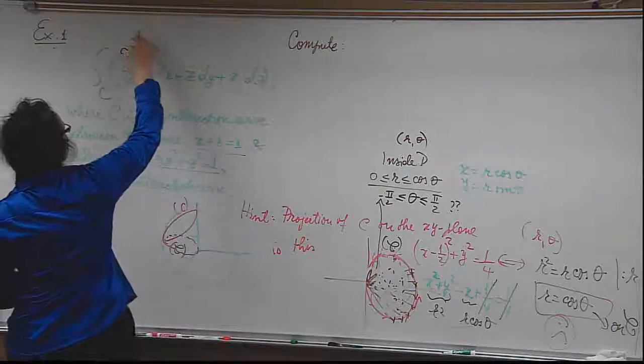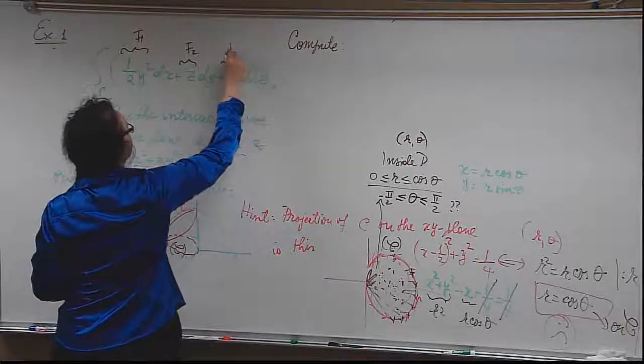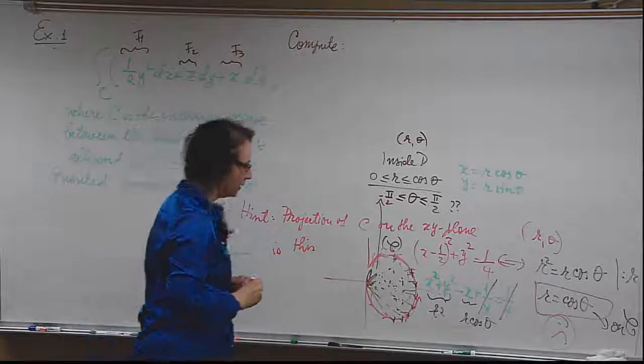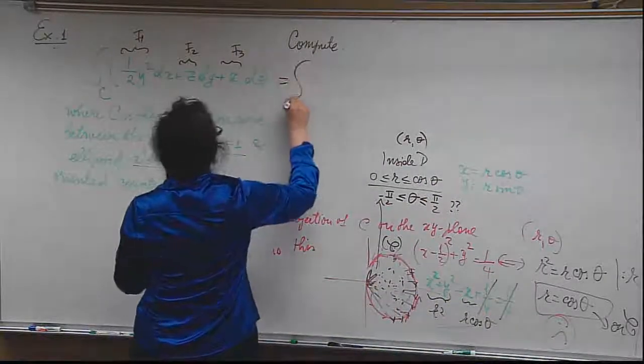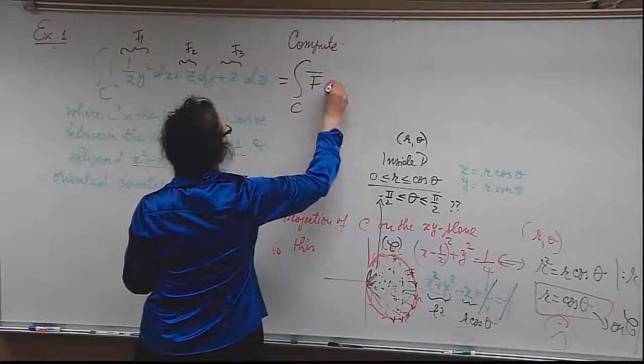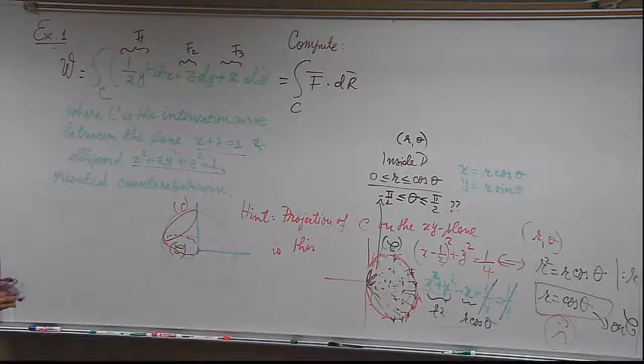This is going to be f1, this is going to be f2, this is going to be f3, and I'd like you to realize that this is nothing but the integral over C of f dot dr. So who is this animal? This is the work, guys.